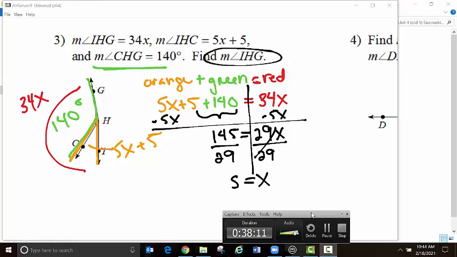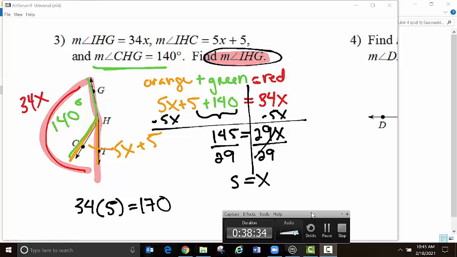I want to know how big IHG is. IHG is the red one. Well, it is 34 times x. 34 times 5 is 170.